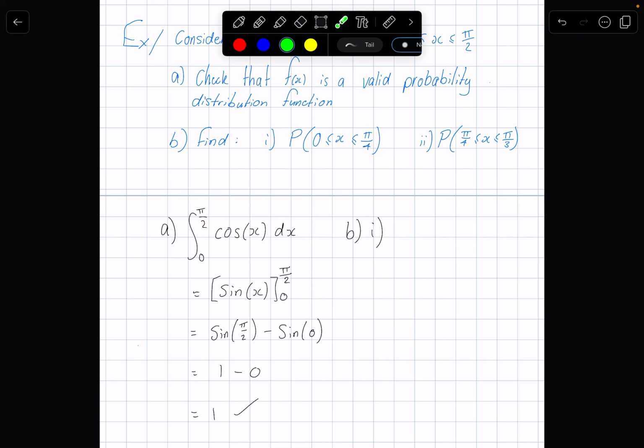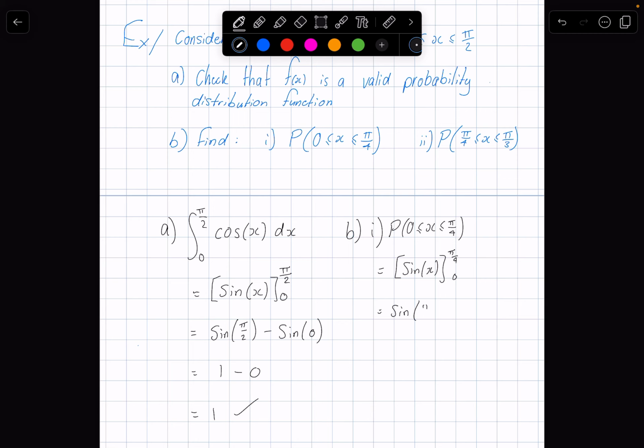Now, because we've actually done the hard work, we found the integral, we can just plug in the values that we want to find. So the probability of x being between 0 and pi on 4, that's going to be equal to the integral, but remember we don't actually have to do it, we could just solve my integral at those limits, so pi on 4 and 0. Just be careful to get the right order, biggest on the top, smallest on the bottom.